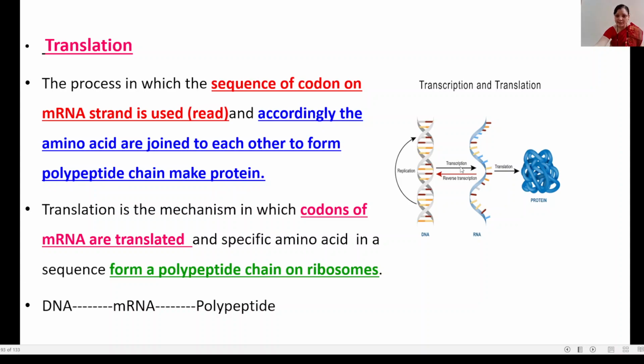Transcription in eukaryotic cells takes place in the nucleus, and translation in eukaryotic cells takes place in the cytoplasm. Translation occurs in prokaryotic cells in the cytoplasm. So translation means the synthesis of the protein from mRNA.